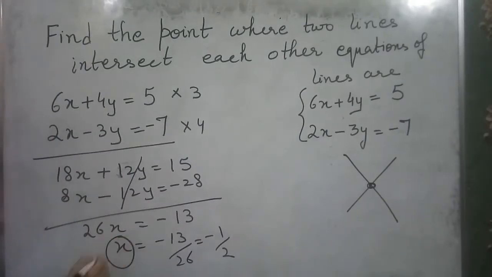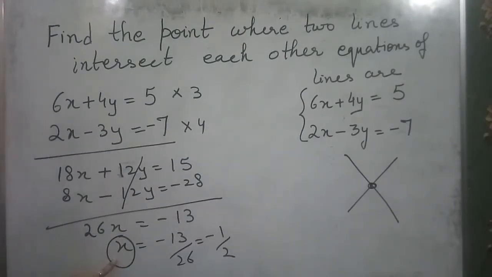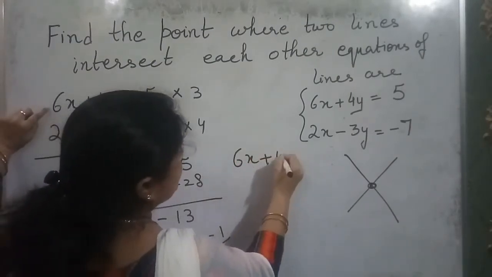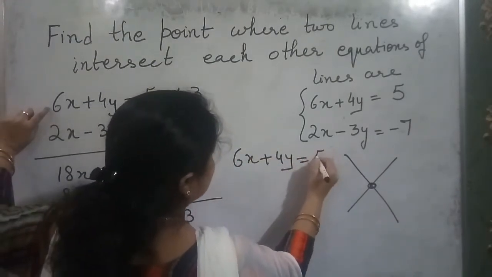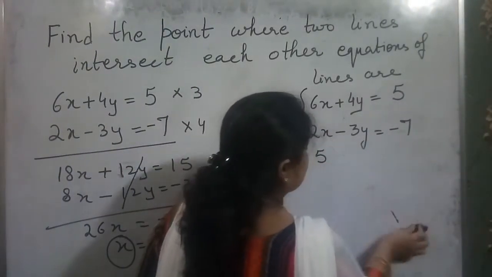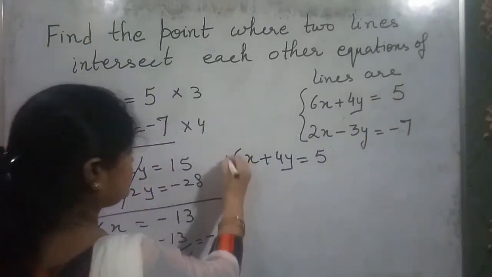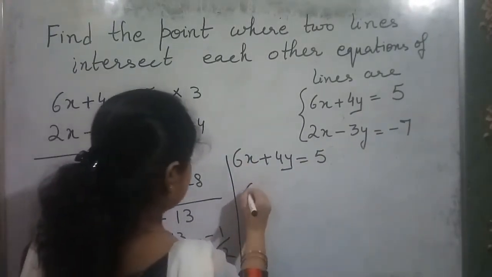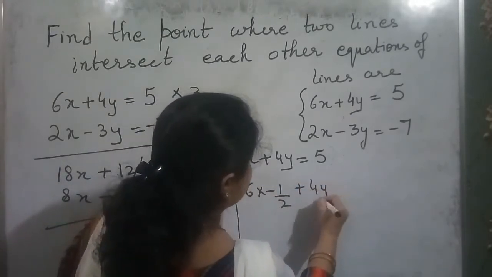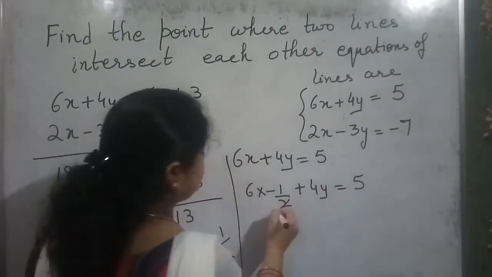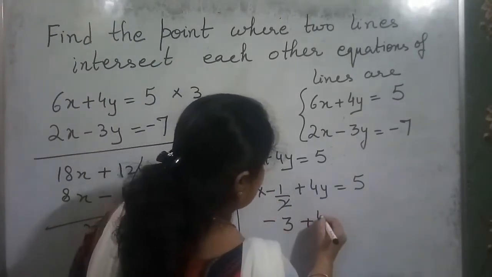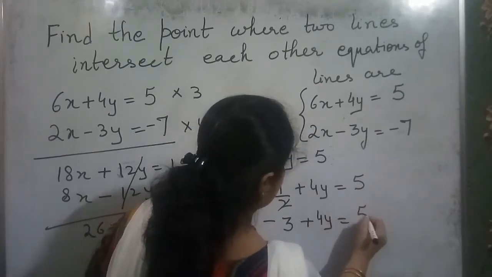So this is the value of x, and we can easily find the value of y by putting its value in one of the equations. So I am putting it in 6x plus 4y is equal to 5. So 6 into minus 1 by 2 plus 4y is equal to 5. 2 3s are 6, so minus 3 plus 4y is equal to 5.